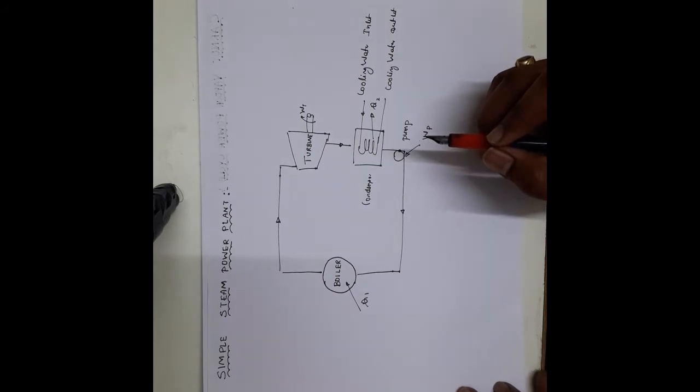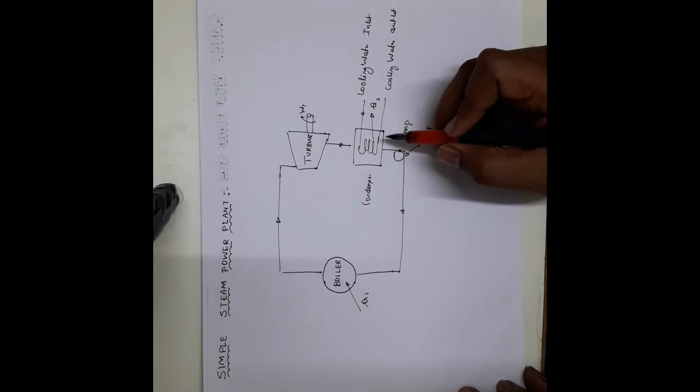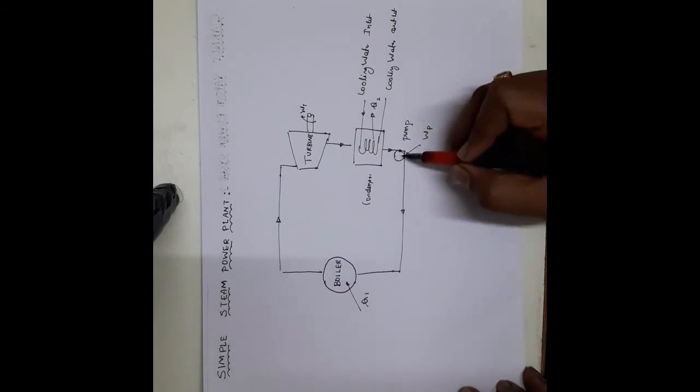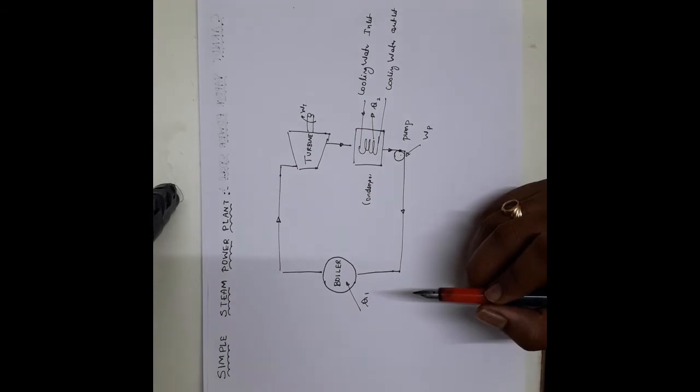So the vapor form of the steam is totally condensed in the condenser, and the liquid water is pumped by using a pump back to the boiler. This is how the process takes place in a steam power plant.